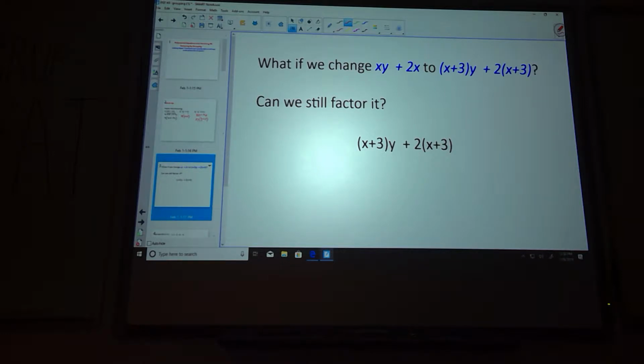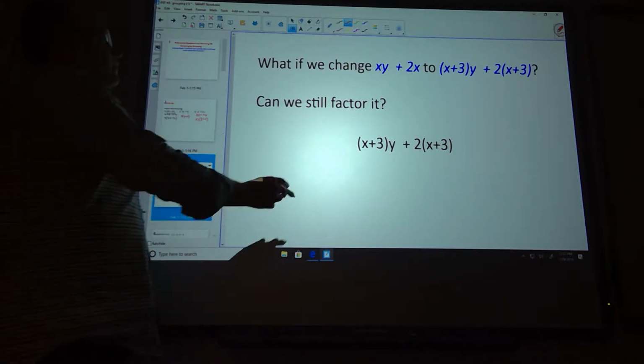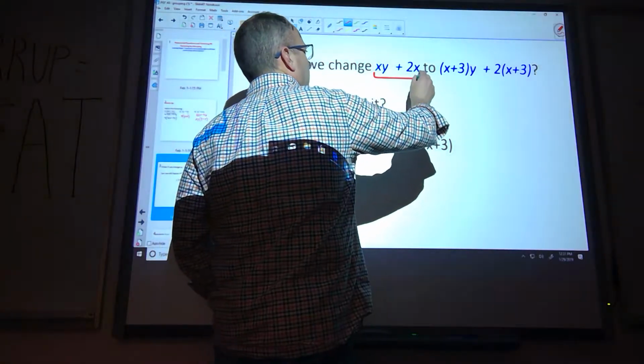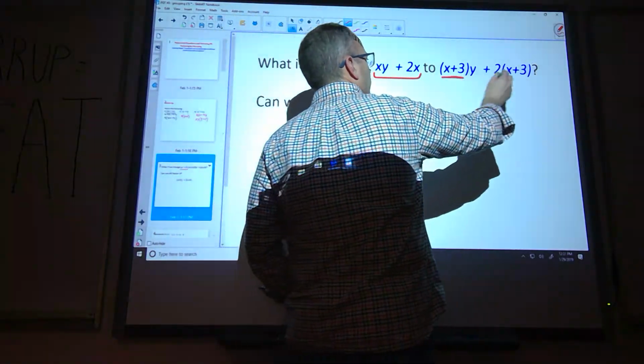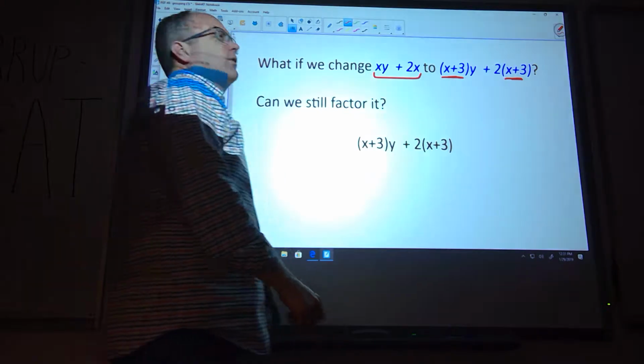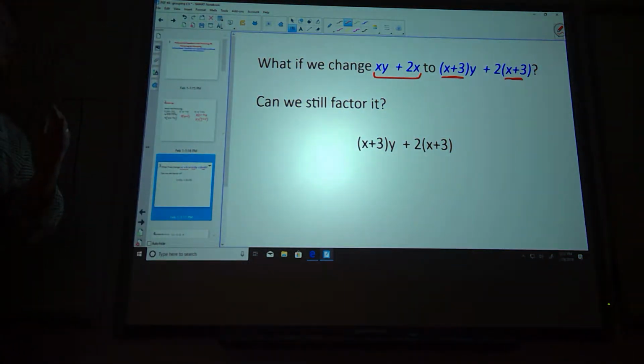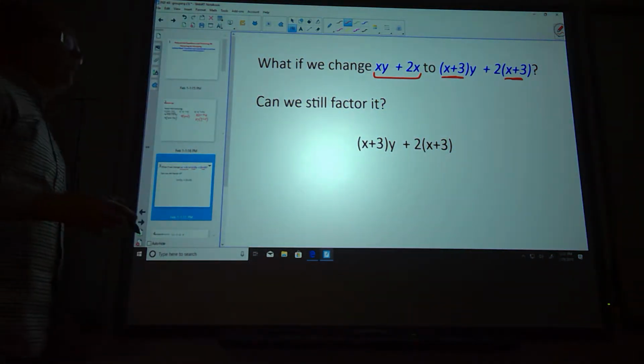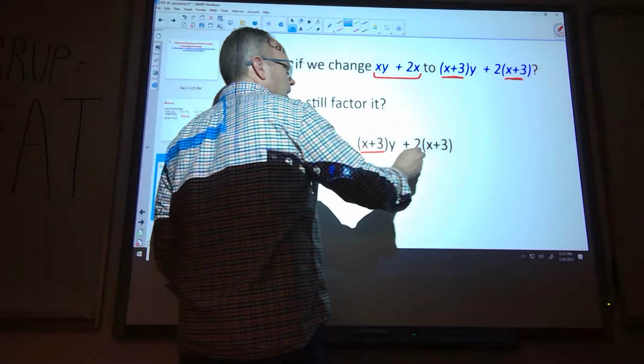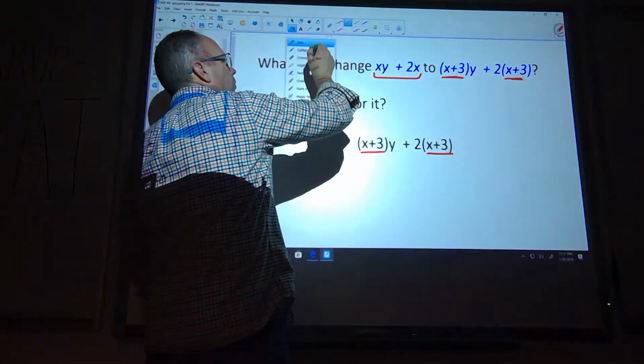On this one, if you look at the blue, they had this originally, and then they said, we want to take this and this and plug it in for the x values now. So now I have something grouped that we have in common. I have an x plus 3 and an x plus 3 in common between the two.